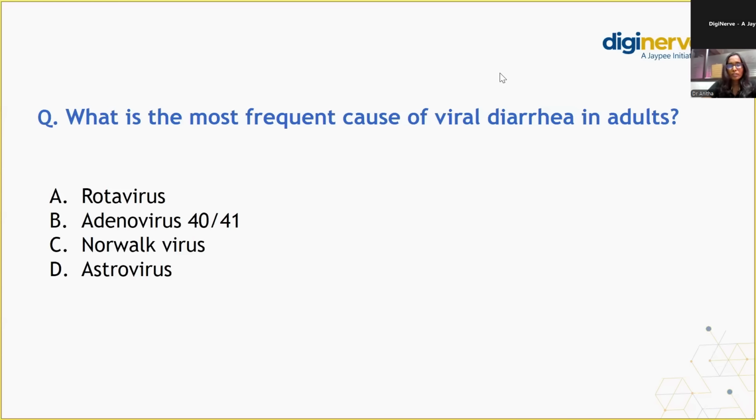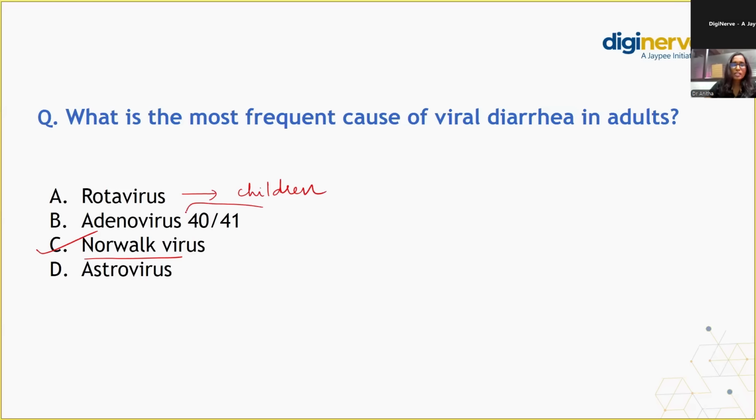What is the most frequent cause of viral diarrhea in adults? This is a very straightforward question, and the answer is norovirus. If the question was, what is the most frequent cause of viral diarrhea in children, then the answer would have been rotavirus.